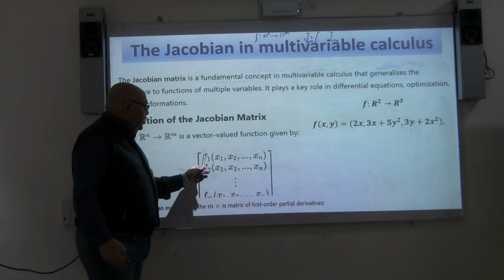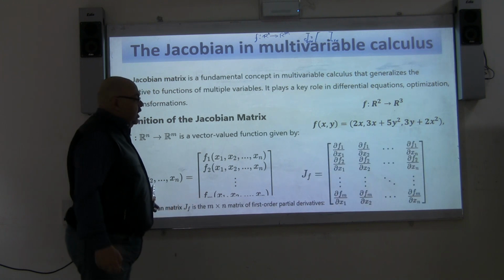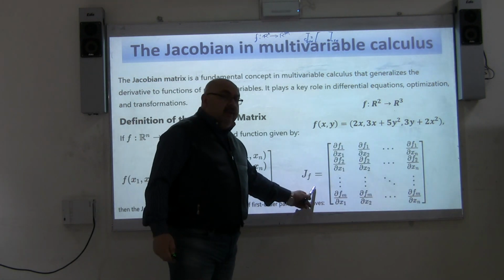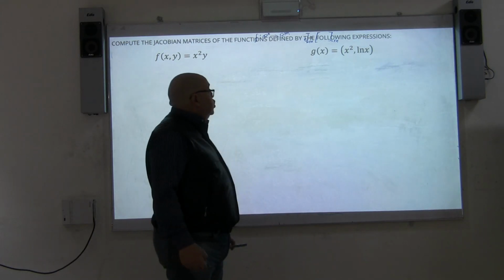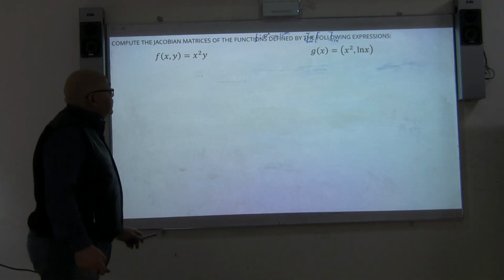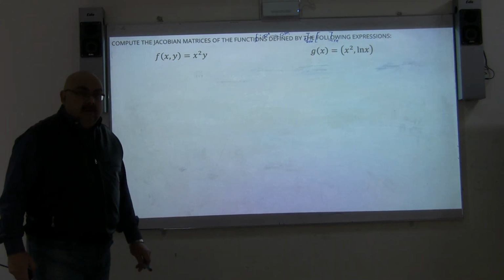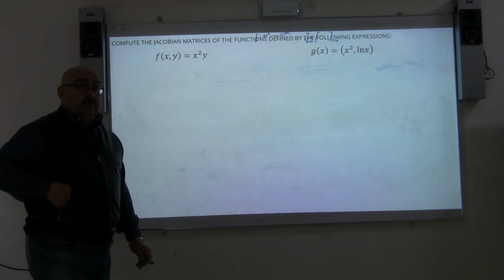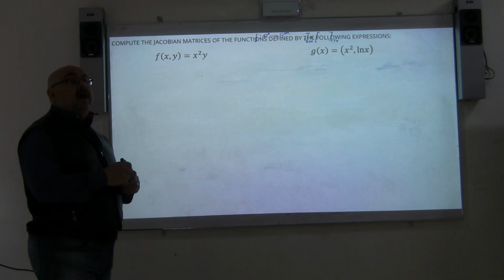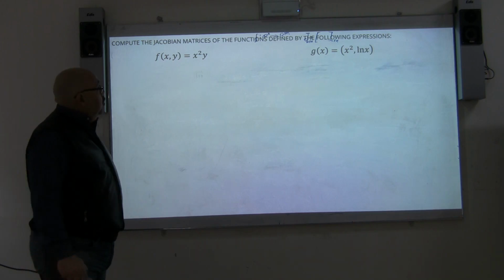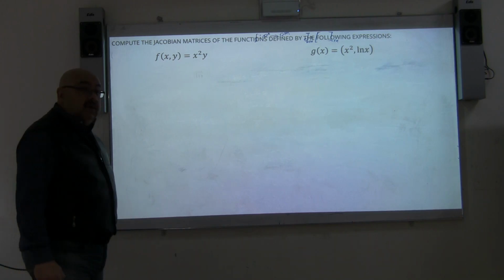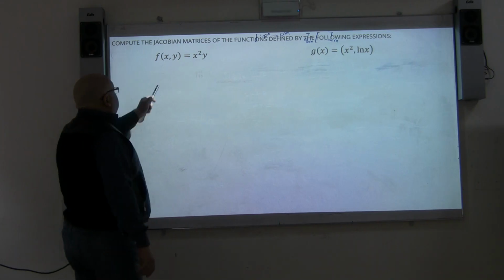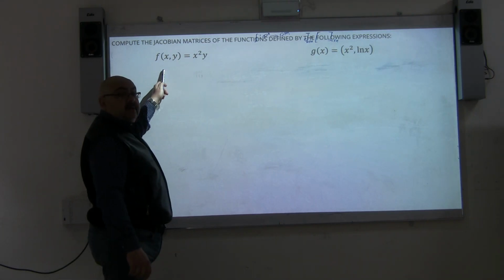I will differentiate each one of them with respect to the input variables. This is the shape of the Jacobian. If you look at these problems, can you speculate the dimension of the Jacobian or the gradient vector? Jacobian or gradient? This one?